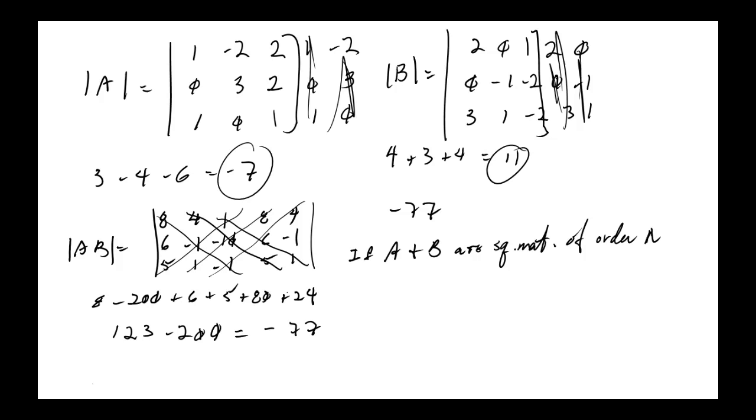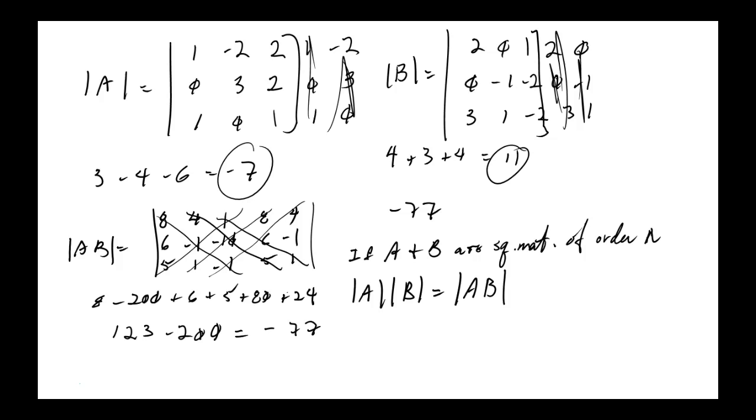They have to be the same dimension. Then the determinant of A times the determinant of B is equal to the determinant of the product of A and B. Interesting and true, okay? They did it the other way. The determinant of AB is the determinant of A times the determinant of B. It doesn't matter which way you do it.